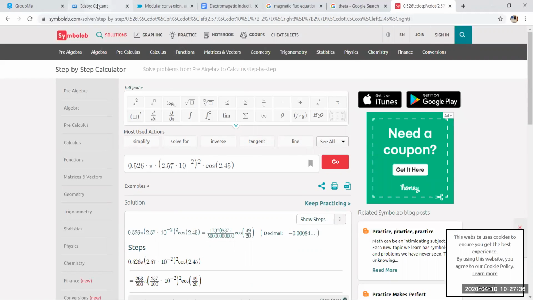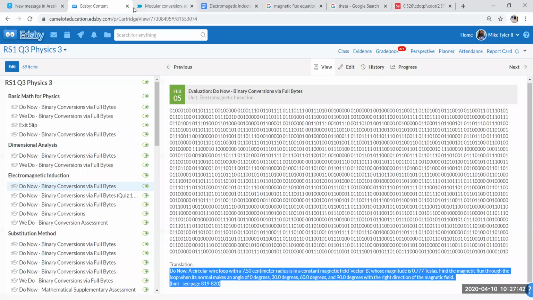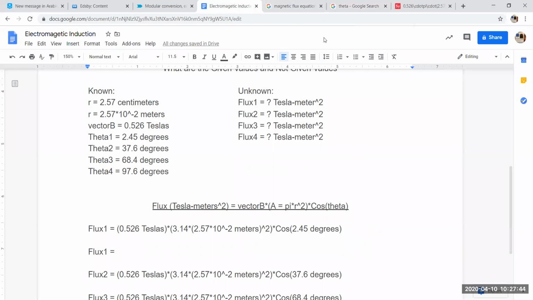So the first solution is a negative 0.3084. And this is measuring what? A Tesla meter squared. All right, let's move on to the next.